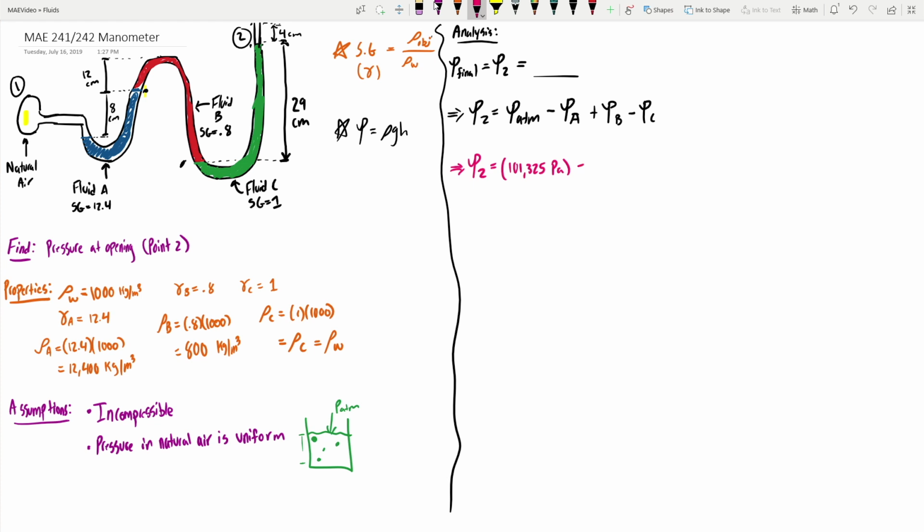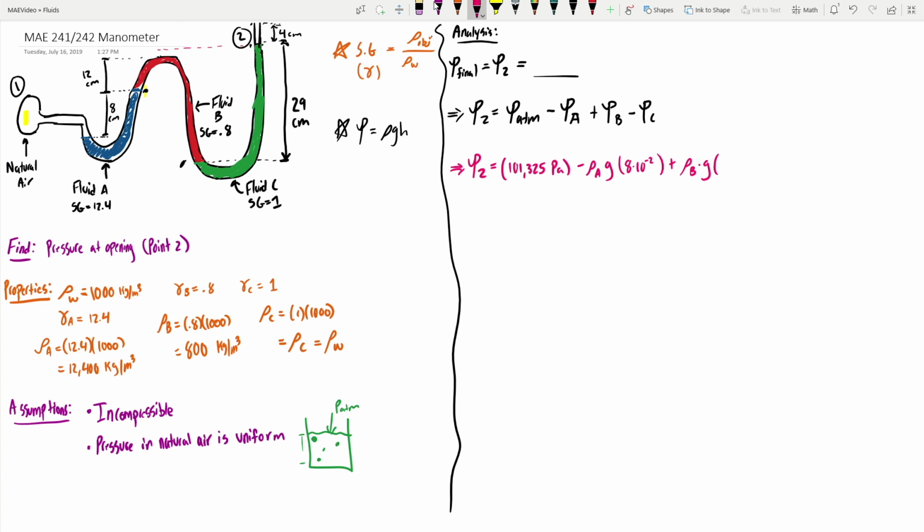PA is rho A times g times the height of A, which is 8 centimeters, so 8 times 10 to the minus 2. And then PB, the pressure at B, is density of B times g. The height for B is going to be 29.